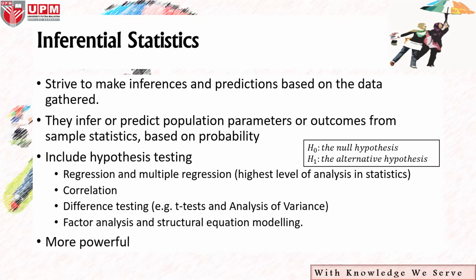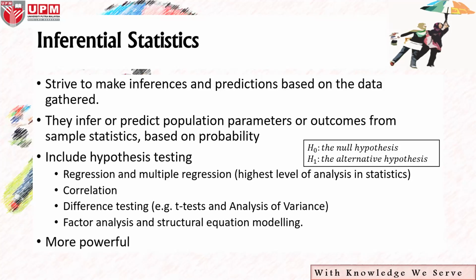Lower a bit than regression, we have correlation. Below that, we have difference testing, for example t-test and Anova. Anova stands for analysis of variance. Bawah sikit kita ada factor analysis and structural equation modeling. Lower still, the most basic one, we have descriptive statistic.